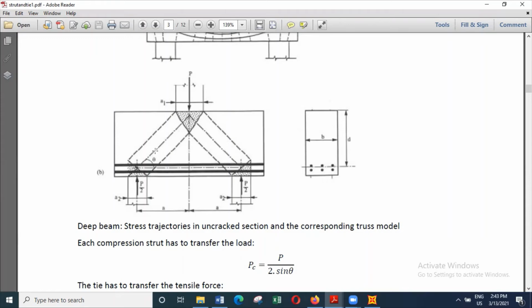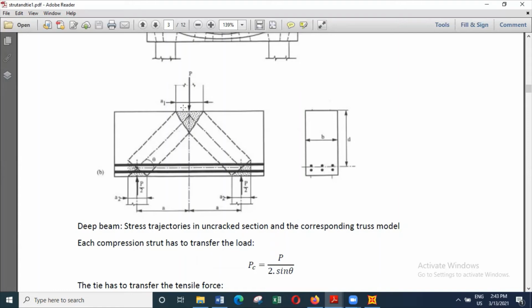So basically you can see the load transferred onto each strut is P by 2. So the force in the strut should be in equilibrium with the load of P by 2.